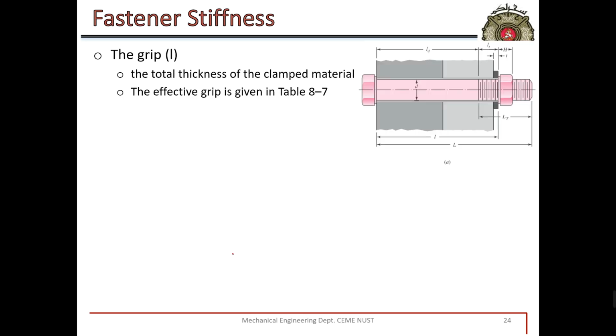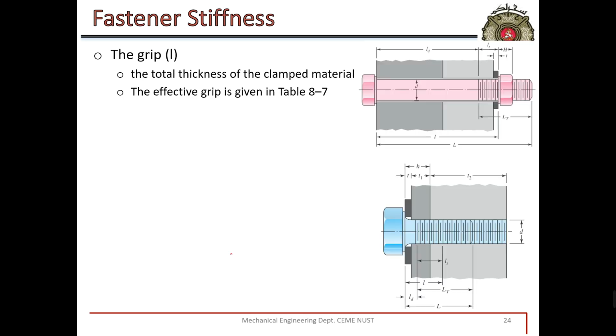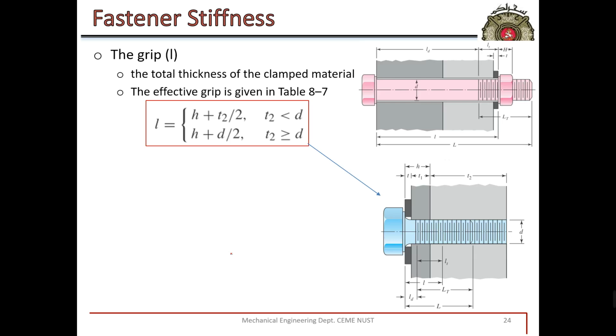There are some definitions for fasteners. To calculate KB and KM, for KB, you can go to table 8.7. In table 8.7, you have two figures, one for the cap screw and the other for the nut and bolt. For the cap screw, you can calculate the lead.